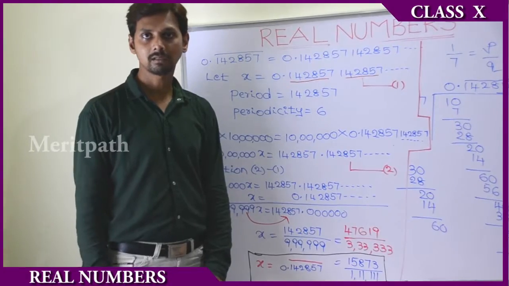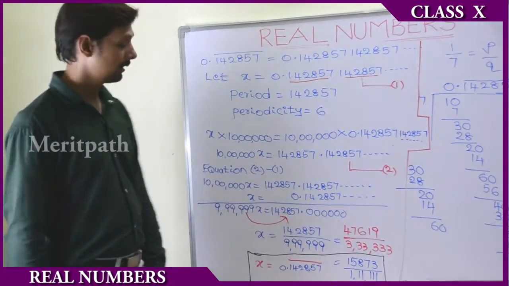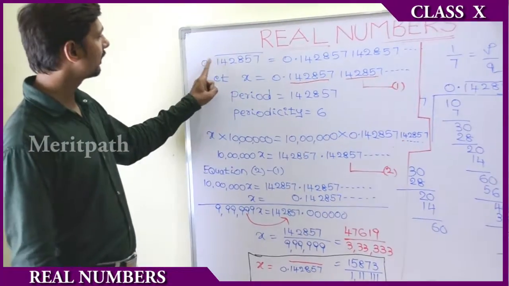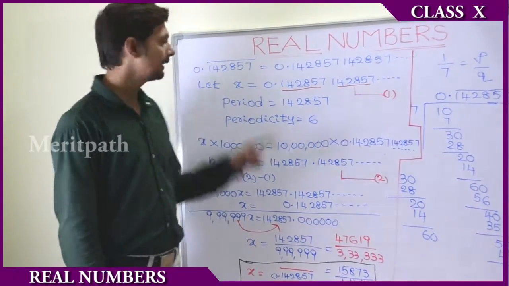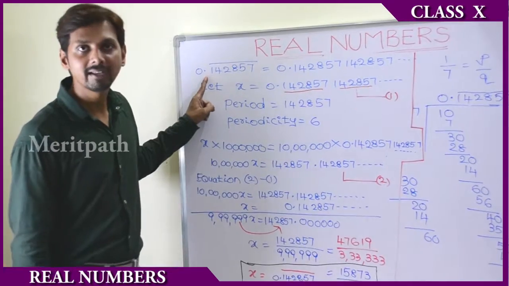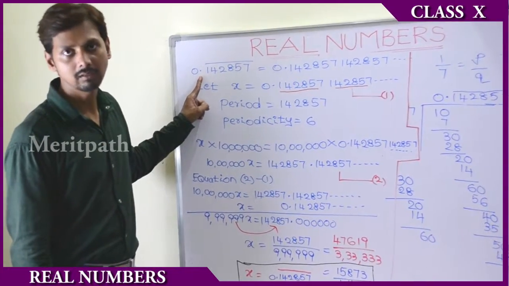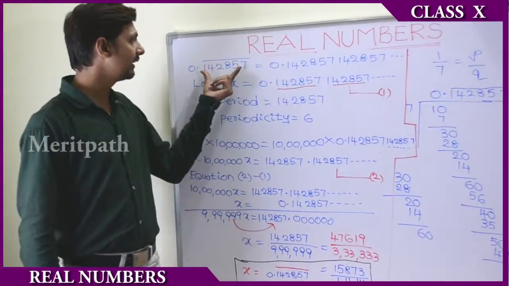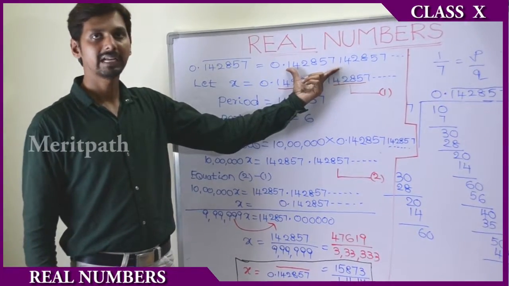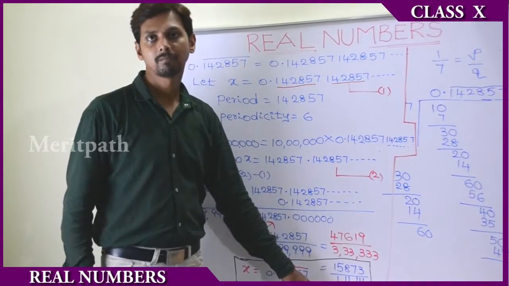We got this answer, and it is the value of 0.142857. We represented this non-terminating repeating decimal in the form of P by Q.